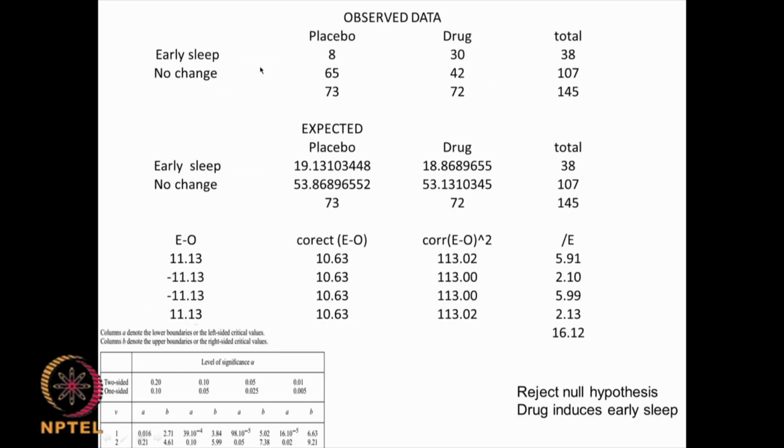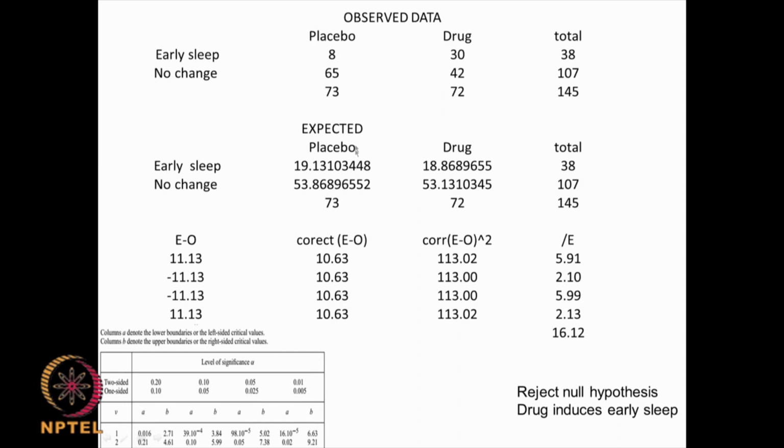So let us put it in the table once again in table form, from the previous table and what we calculated here. Now expected minus observed, what do we do here? There are 1, 2, 3, 4, so 4 sets of data, expected minus observed for each one of them.